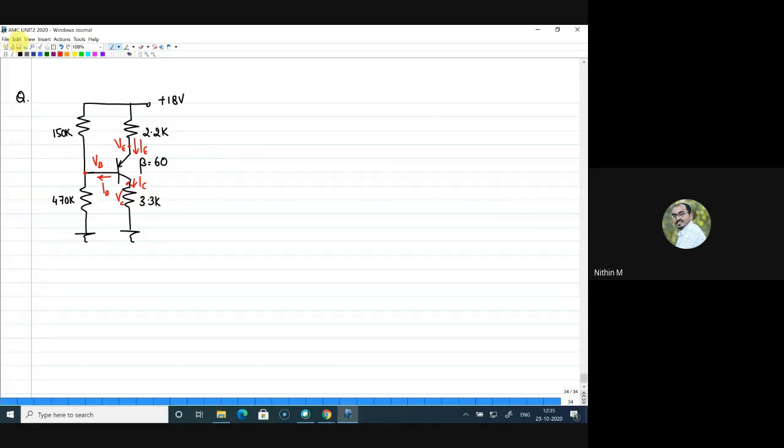You have to convert the base loop, the resistors on this side, into a Thevenin equivalent. A Thevenin voltage in series with a resistance RTH. Once you convert this into that equivalent circuit, the rest you can do. I want you to report back what is RTH and what is VTH.